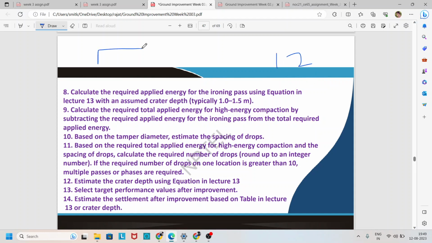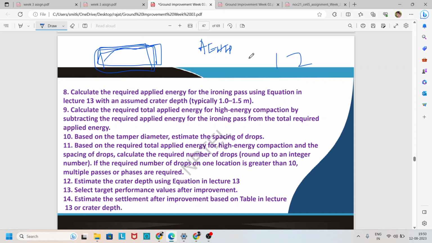That means we improve the ground one time or we improve the ground two times. After deciding that, we divide the applied energy for high energy pass by the number of passes, and we get the applied energy for each heavy energy pass.